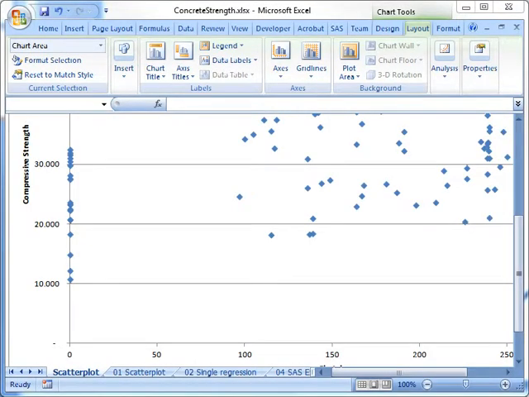One of the reasons that we plot our data using scatter plots is not only to identify relationships between variables, but to look for data problems. So for example, in this case, I have quite a few values of fly ash that correspond to 0. So the question is, what do these mean? It could mean that 0 fly ash was put in the mixture, which could make some sense in some contexts.